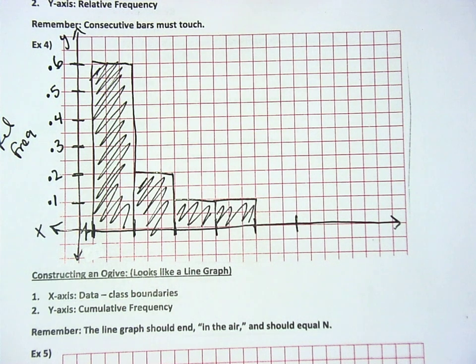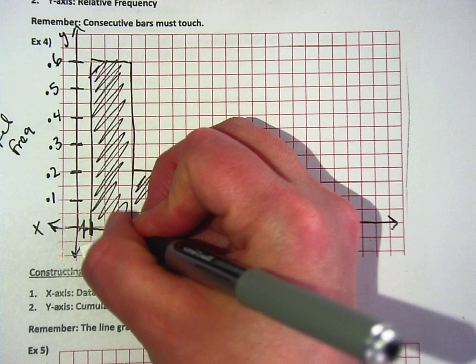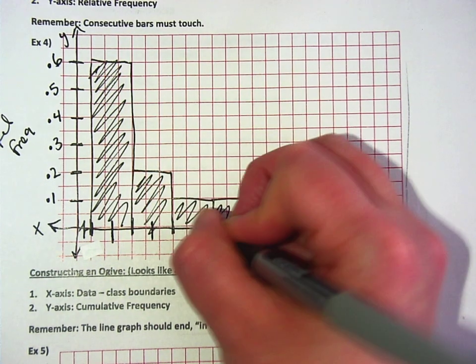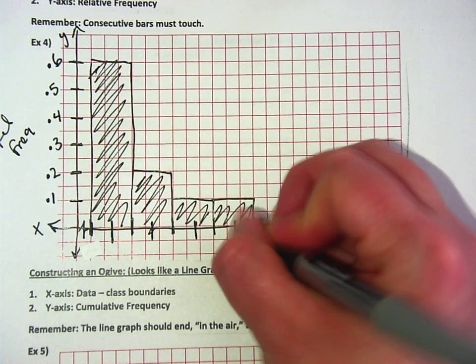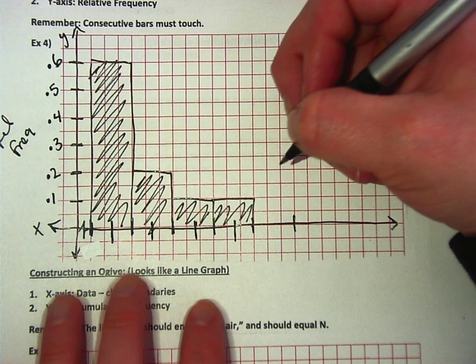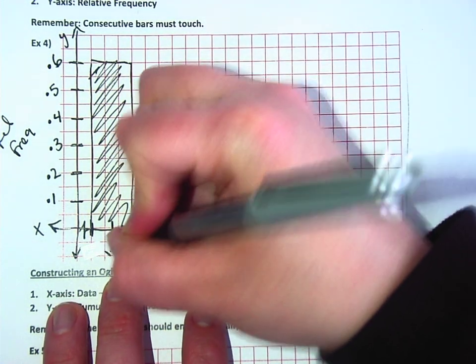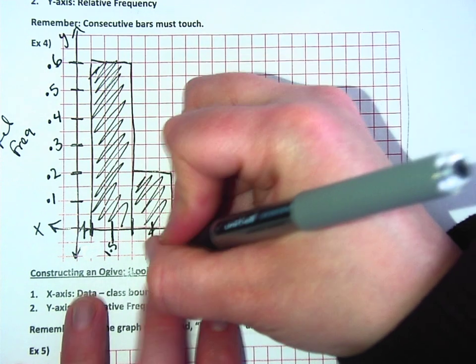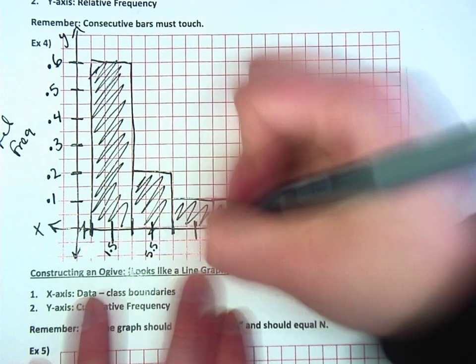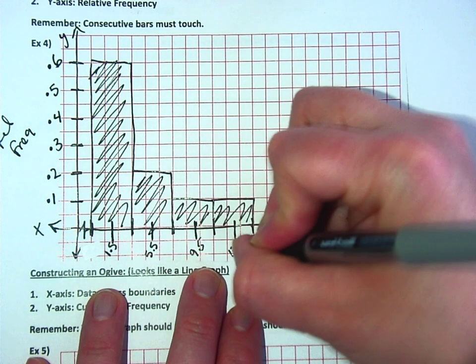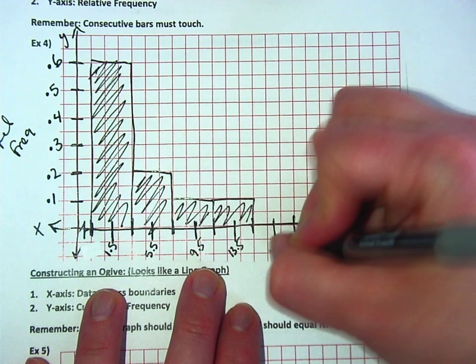So anytime you're doing a histogram, you can also mark them by midpoint, which means you put a line going down from the center of the bar and you write it right next to it. So the first one was 1.5, and 5.5, 9.5, 13.5, and 17.5.